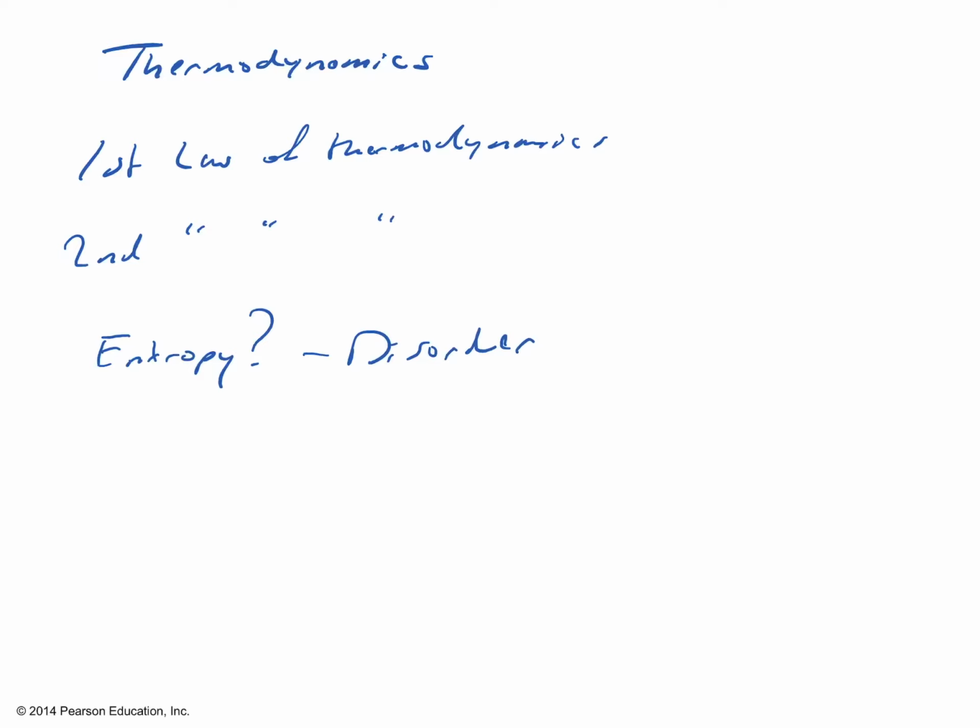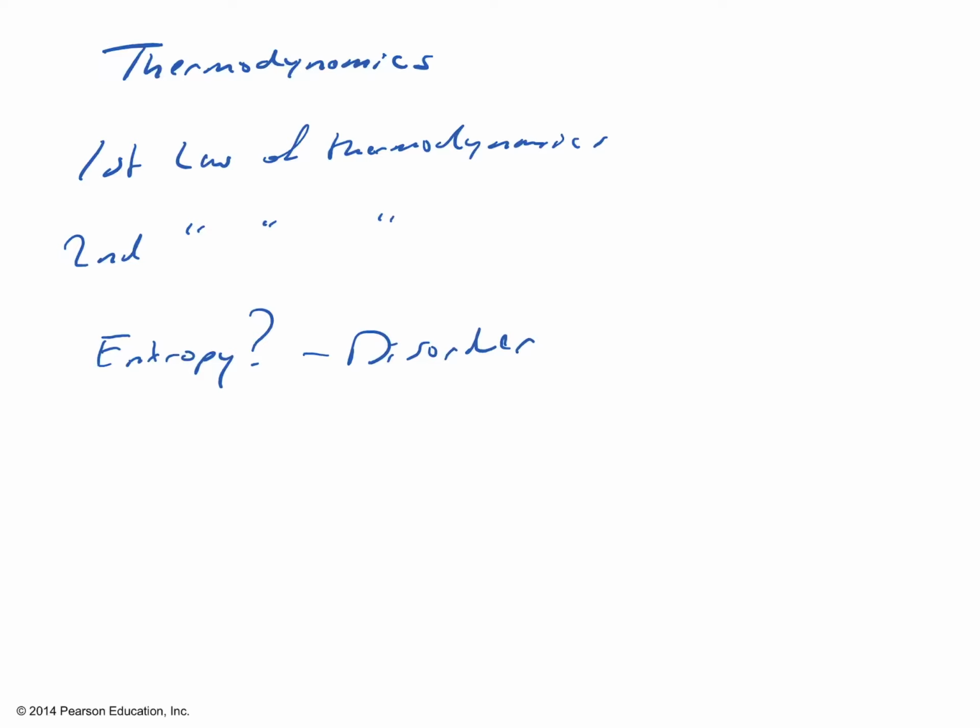So entropy is a measure of disorder. If I tell you that a system has high entropy, that means it has high disorder. A messy bedroom is a high entropy system. You go in and clean up that room, you're injecting energy into the system, and you decrease its entropy.